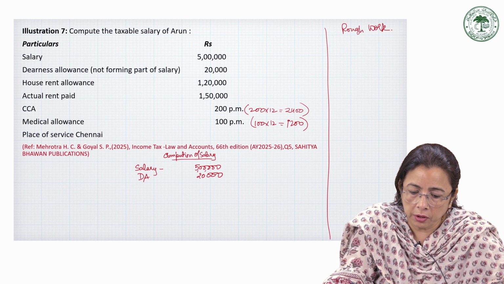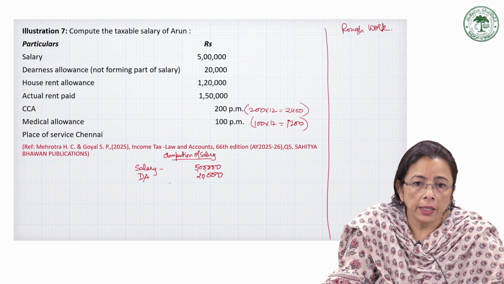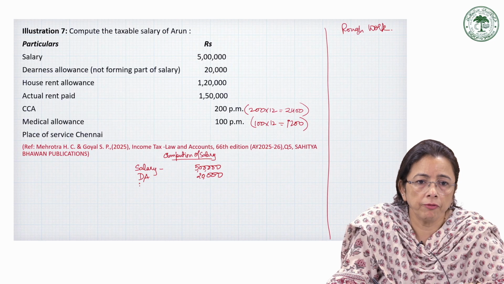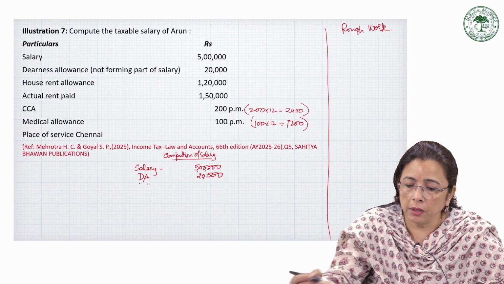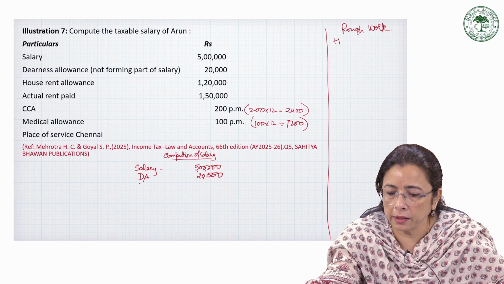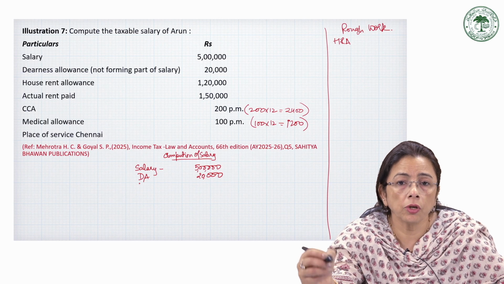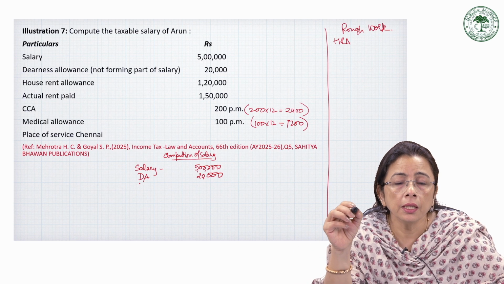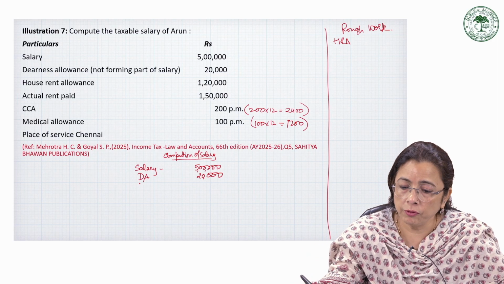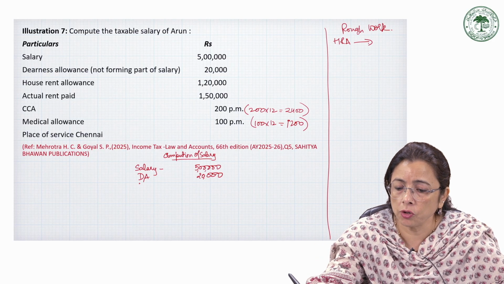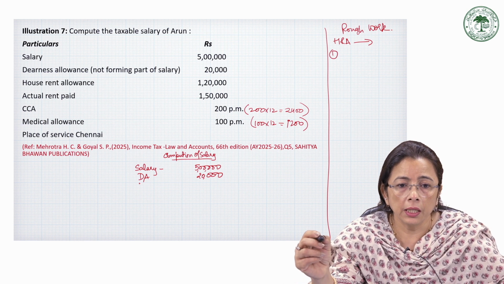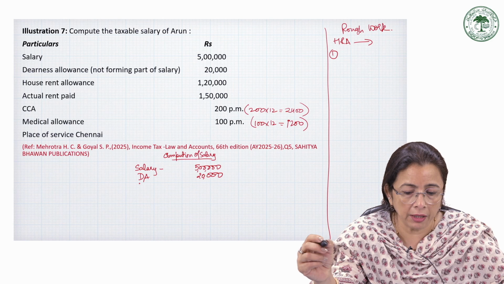So 20,000 as DA. Then next is HRA; we will do some rough work before calculating it. The third component is HRA. Because this is not a fully taxable amount, we have to compute the taxable amount of HRA. So we have to first find the least of the following three. First, HRA received.